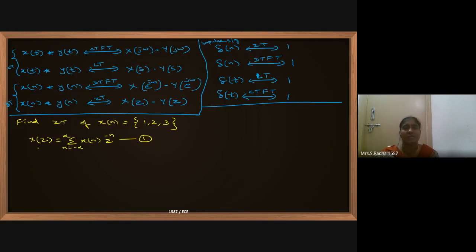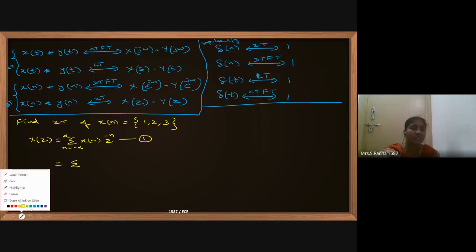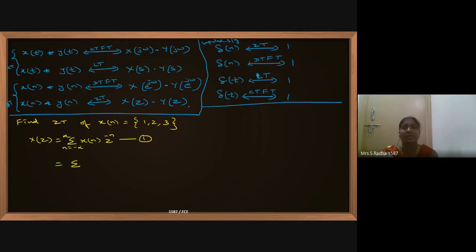You take arrow mark for the first signal. So 3 elements are there, and you consider first one as x of 0, second one as x of 1, third one as x of 2. No arrow mark means you take arrow mark for the first one. So the summation limits are 0 to 2 only, x of n, z power minus n.